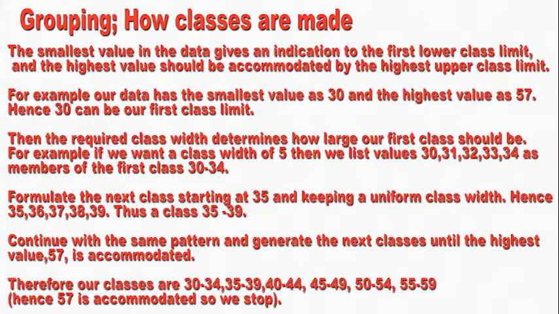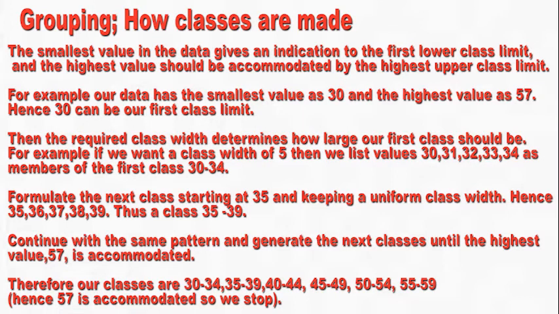The smallest value in the data gives an indication of the first lower class limit, and the highest value should be accommodated by the highest upper class limit. For example, our data has the smallest value as 30 and the highest value as 57. Hence, 30 can be our first class limit.